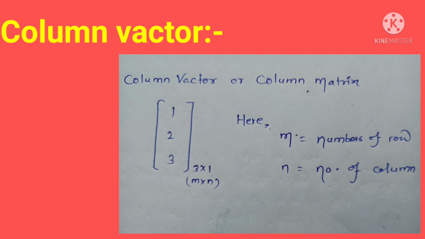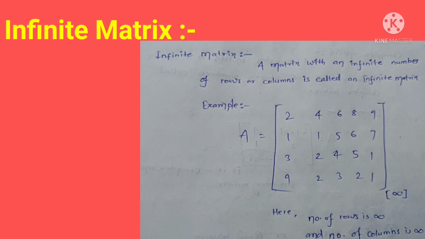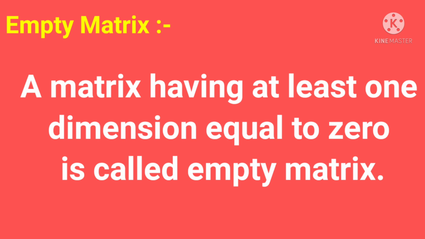Okay, now the infinite matrix. A matrix with an infinite number of rows and columns is called an infinite matrix. For example, capital A equals, open the bracket, look at here. Okay, now the empty matrix.